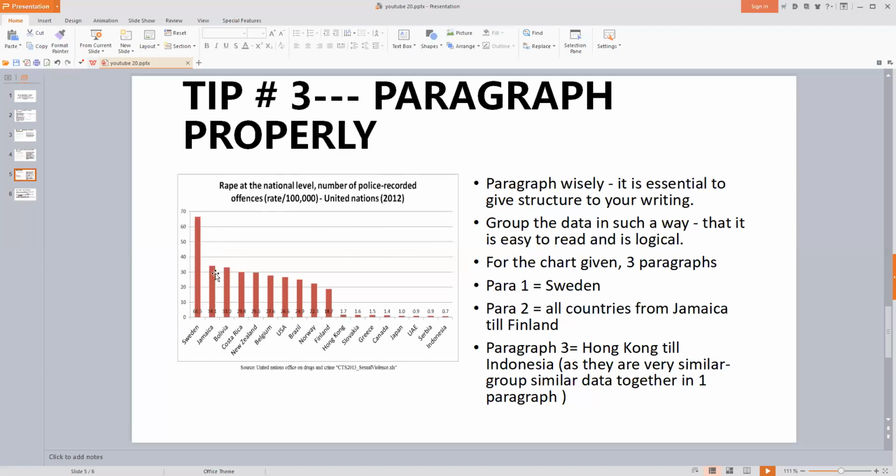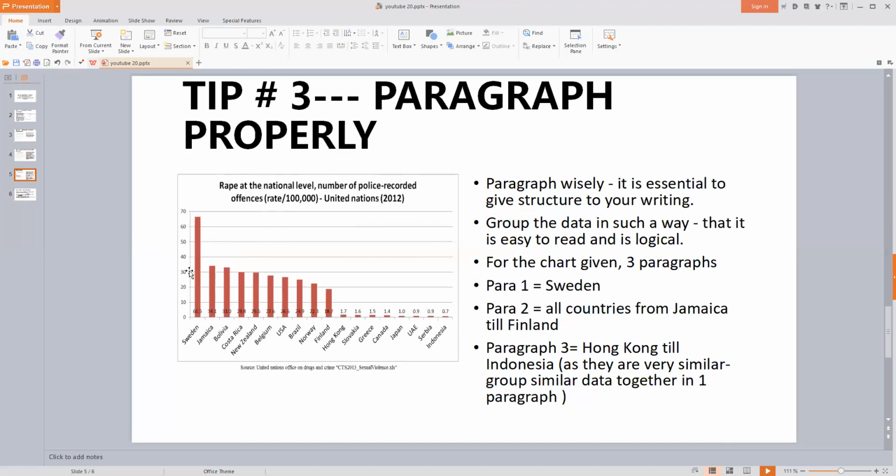The number of cases in Sweden is the highest out of all, and you can't group it with the other countries. So in paragraph 1, I would say that the number of police recorded rape cases was the highest in Sweden. Maybe I can compare and contrast with other things, but I will still talk about Sweden in one paragraph.